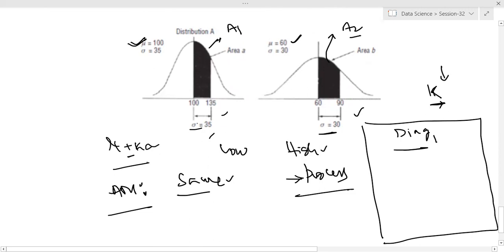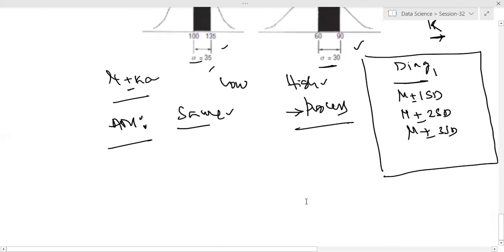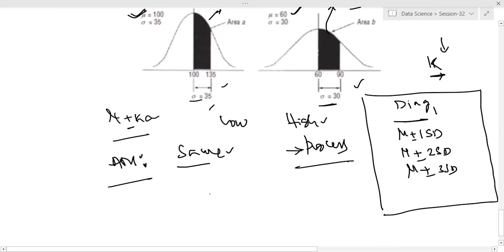See, no matter, friends, how much mean I have or how much standard deviation I have, leave that. Our interest is whether my value is equal to 1 standard deviation, or 2 standard deviations, or 3 standard deviations. Now from this diagram, you can fairly see that here the standard deviation is 1 only, because our mean is 100, and it is distinct with 1 standard deviation in diagram 1.